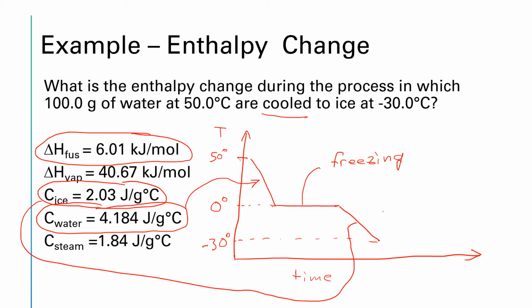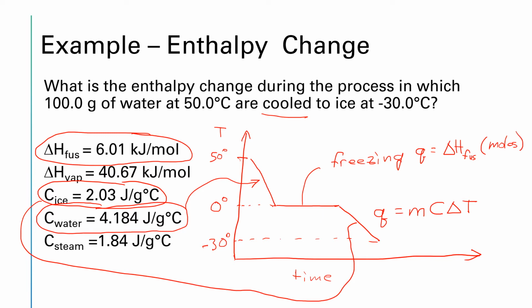On these sloped portions, we're going to need Q equal to the mass, because the heat constant is given per gram, times the constant, times the delta T. For freezing, Q is equal to the delta H of fusion multiplied by the number of moles that we have, because the delta H of fusion is given per mole.